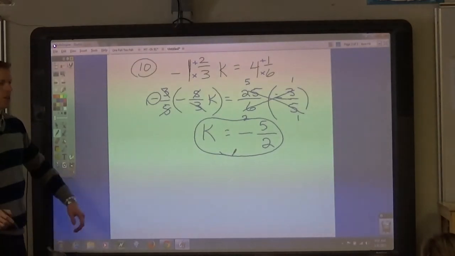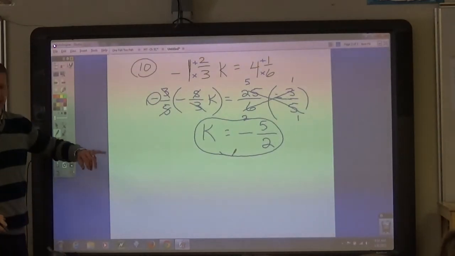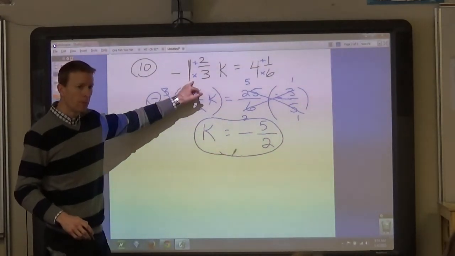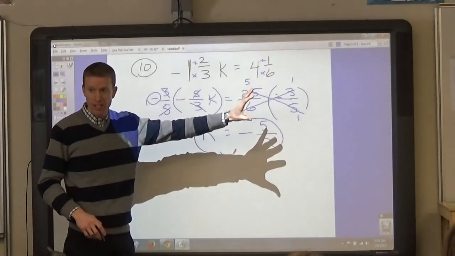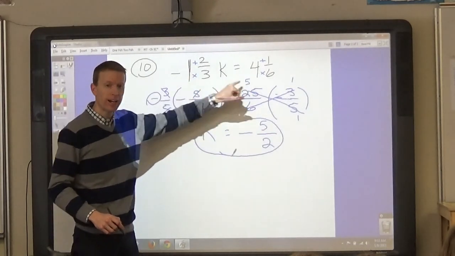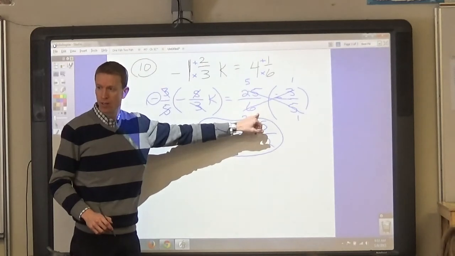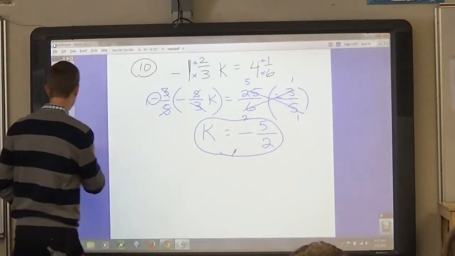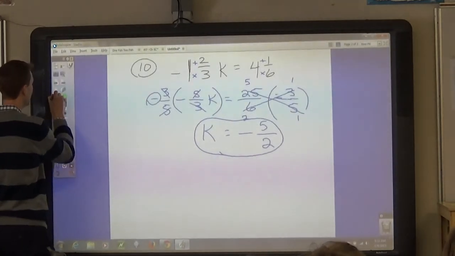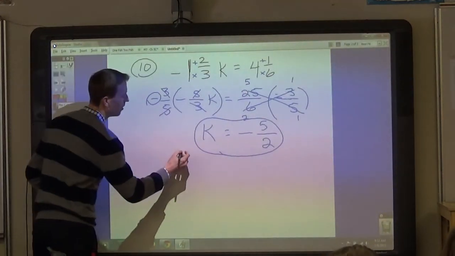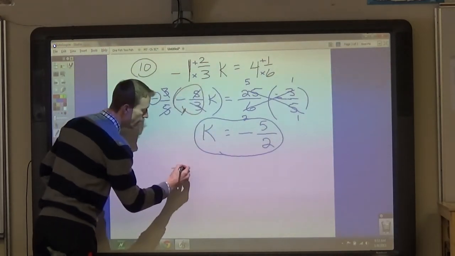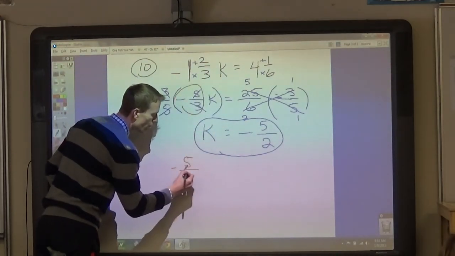Now, when you're checking this, class, instead of using the original problem and then having to change it to a fraction again, to check it, use the top-heavy fraction that you already found. Okay, so write the check. Let's use this color. So, the check. We converted this to negative 5 over 3.